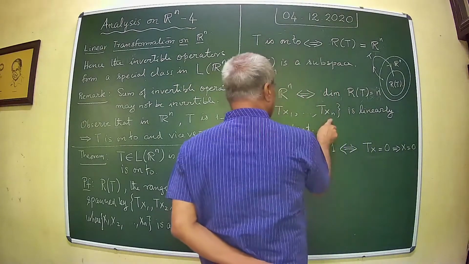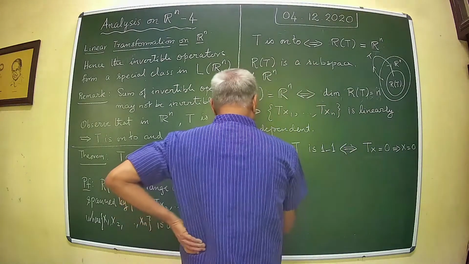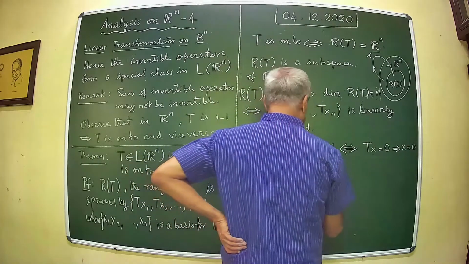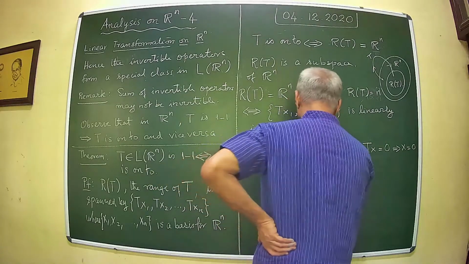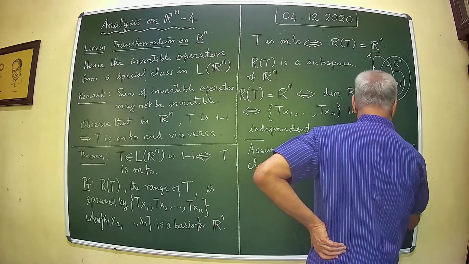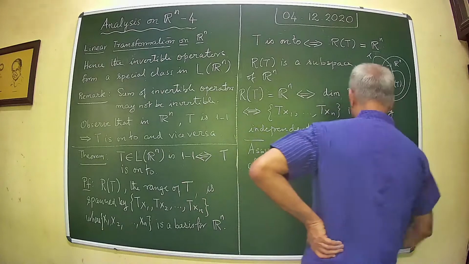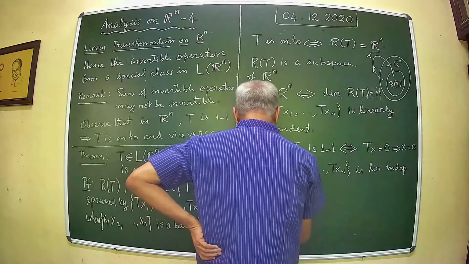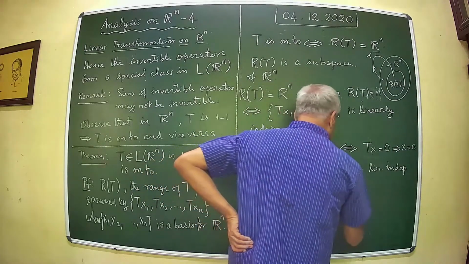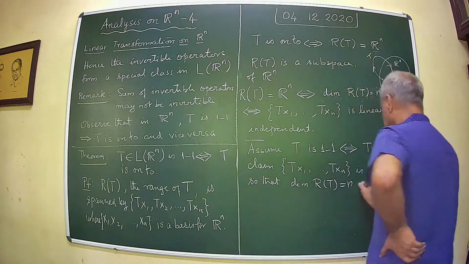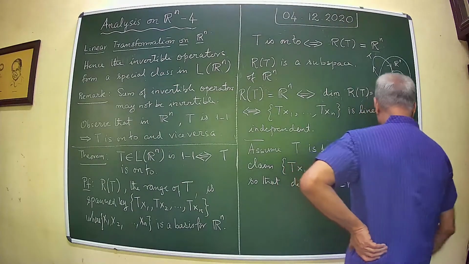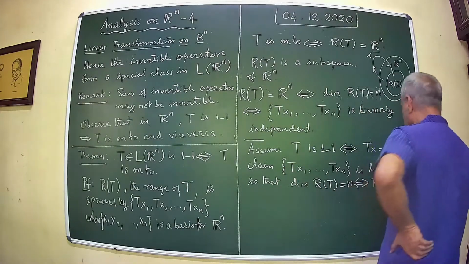So we want to show that this is linearly independent, so that dimension of RT is n, which implies RT equal to Rn.